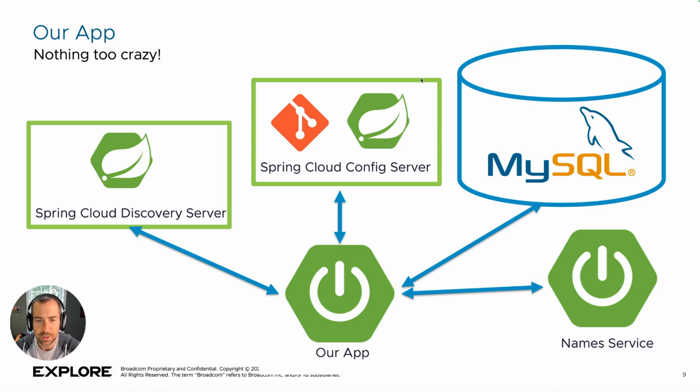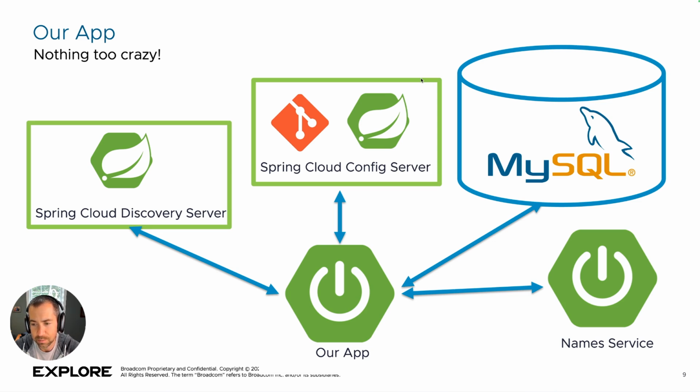Our application is nothing too crazy, but it's also not the simplest thing. It's going to have a single endpoint, and it's going to ask a random person if they'd like to go see a random movie. The list of random movies we pick from is stored in a database, in this case a MySQL database.